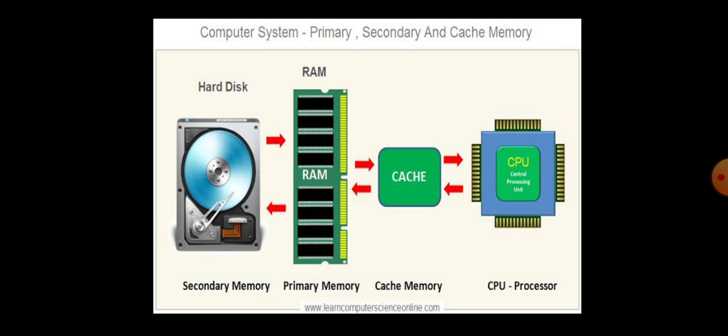Look at the figure. Here, the hard disk is a secondary memory. From the hard disk, the files or the instructions or programs are fetched into RAM, that is random access memory.